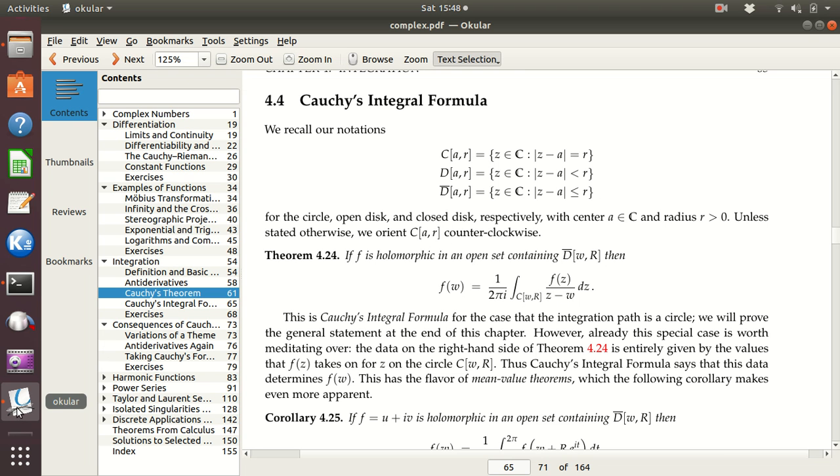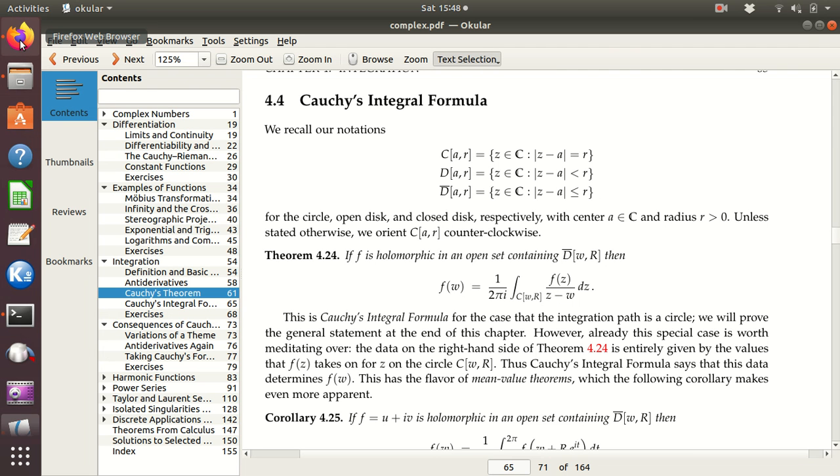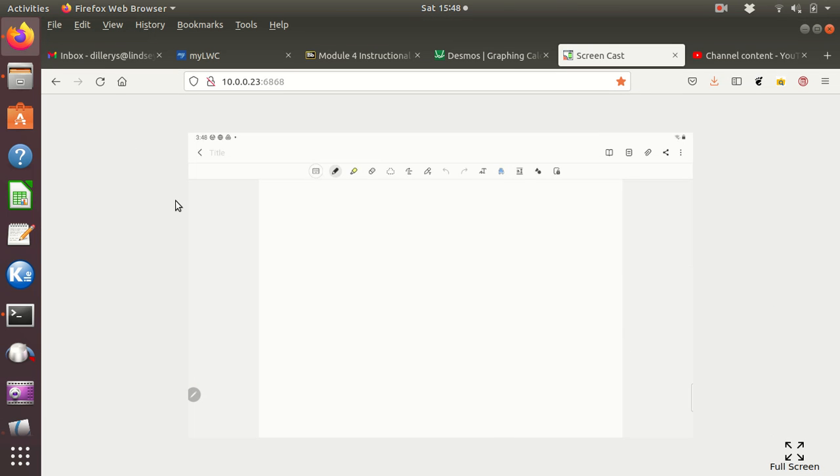So for our section 4.4, we're saying that we could write F of W equal to 1 over 2 pi I times the integral over a circle centered at W with radius R of F of Z over Z minus W dz.